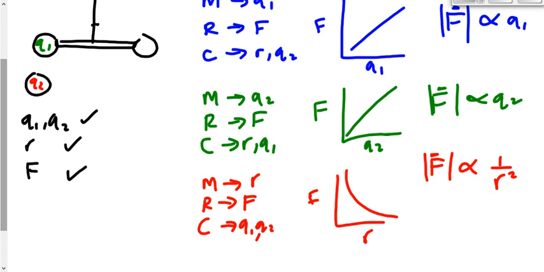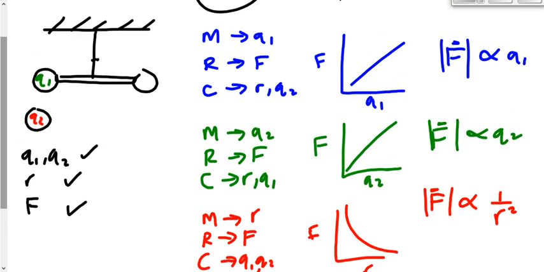You're going to do an activity tomorrow, actually, where you're going to find these relationships yourselves on a little computer simulation. You're going to plot these graphs, and you should end up with this graph for F versus Q1. You should end up with this graph for F versus Q2, and you should end up with this graph for F versus R.